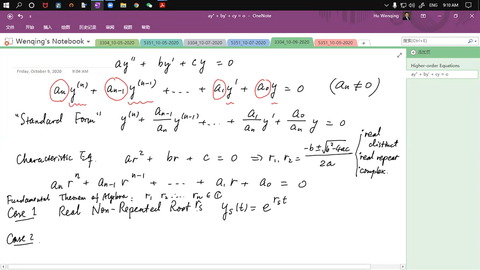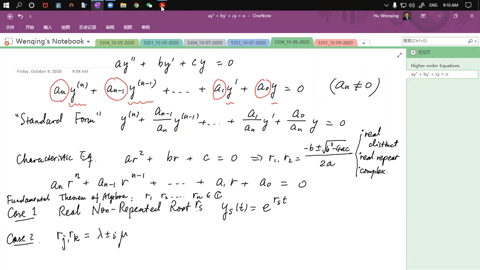If some of these roots are complex, they come in complex conjugate pairs. So you're going to have rj and rk equal to lambda plus or minus i mu. If one root has a non-zero imaginary part, then it is complex, and its complex conjugate is also a root. That's the scenario.